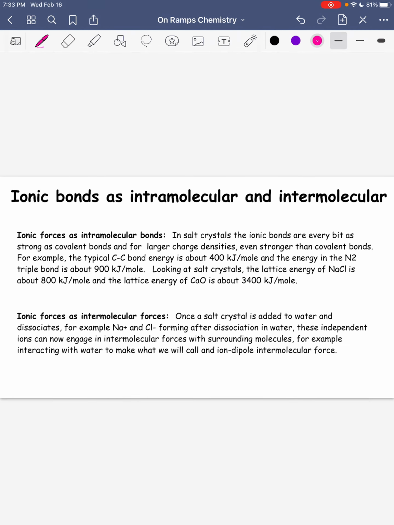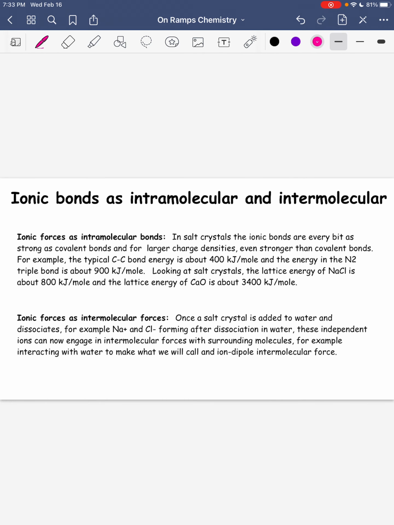So ionic bonds can be either intramolecular or intermolecular. As intramolecular bonds, so the bond within the molecule, they are stronger than the intermolecular forces.